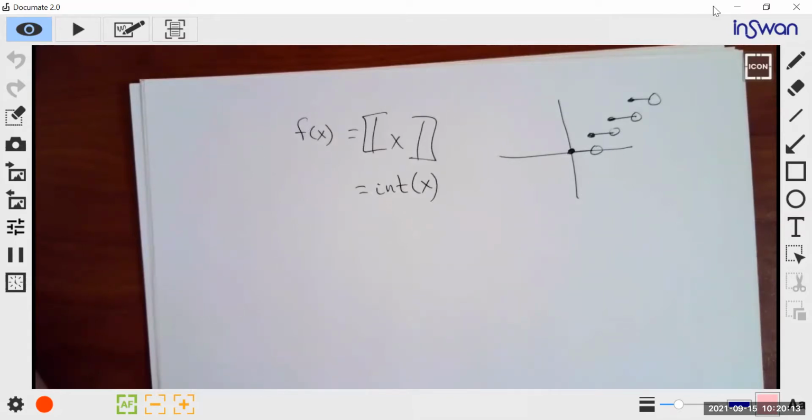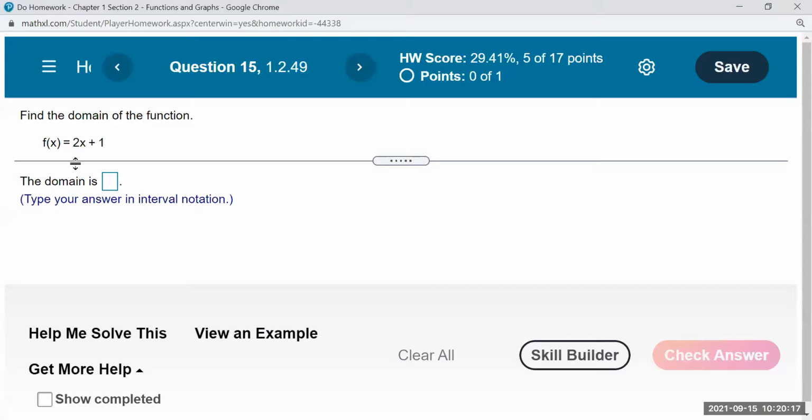Okay, let's get back to this. By just looking at the equation, we know it's linear.